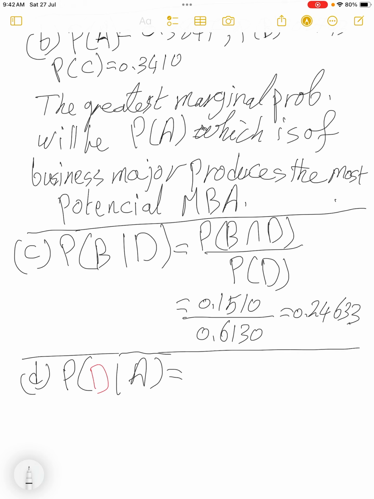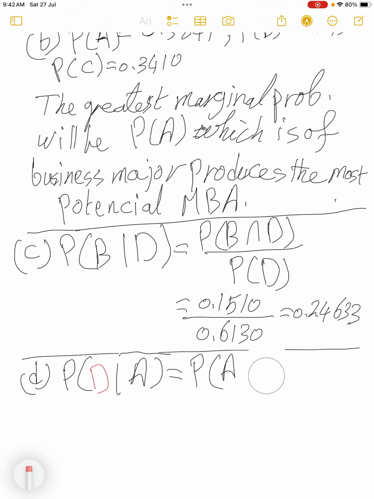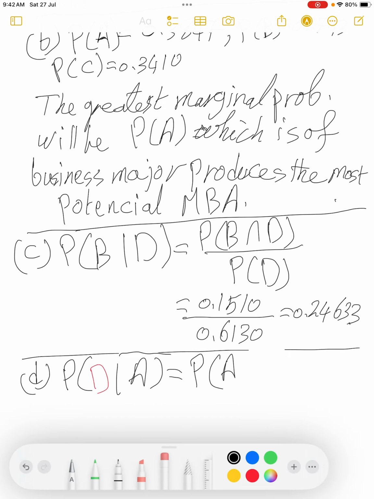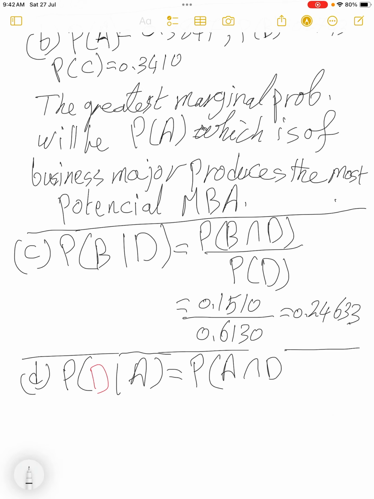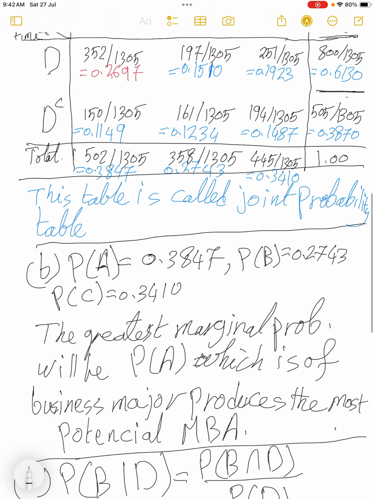Then write always the formula: the probability of A intersection D, which is the same as the probability of D intersection A, over the probability of A. Go to the joint probability table.